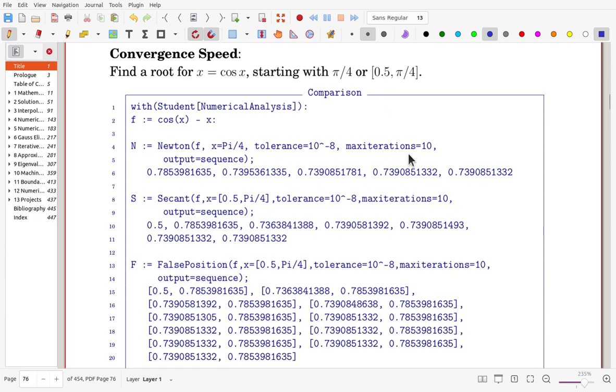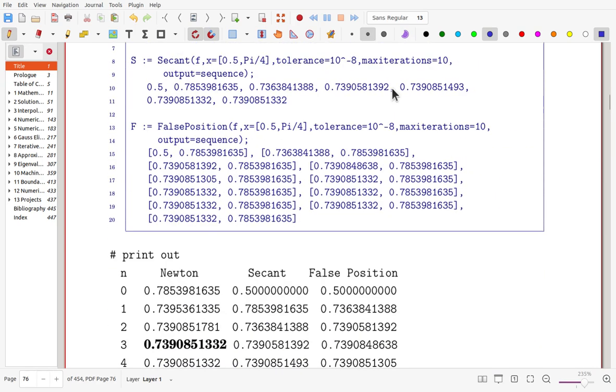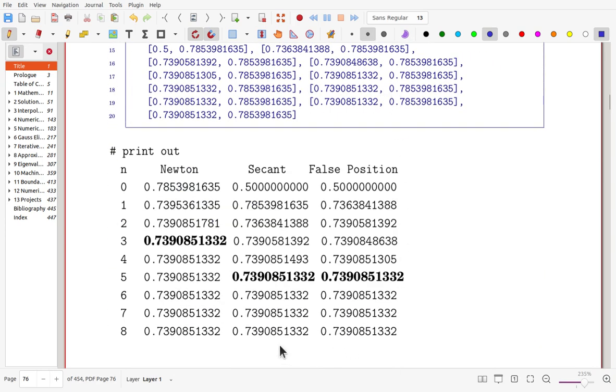We compare the speed of convergence for the three methods under the same conditions except this initialization. With 10-digit accuracy, Newton's method after 3 iterations is not changing, so the error is now less than 10 to the minus 10.